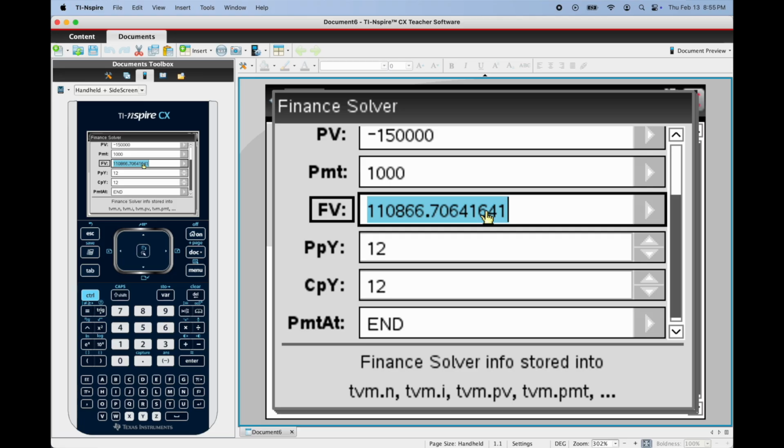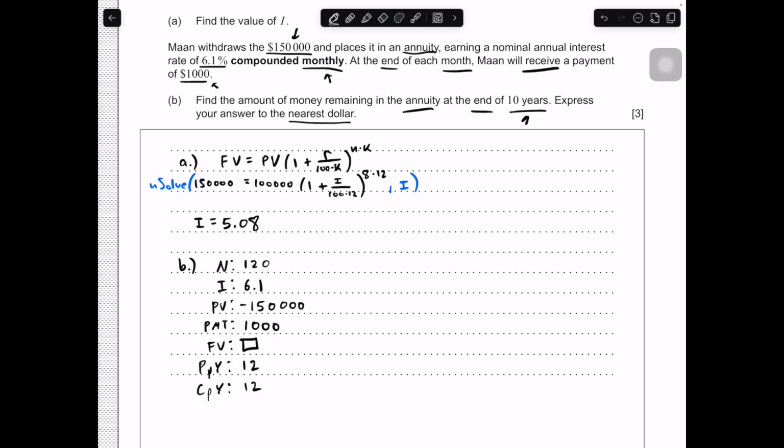So find your answer to the nearest dollar. So let's go and write this out. Going back to the document, the answer is final value 110,866.706, I guess. And to the nearest dollar, we would say that is 110,867.